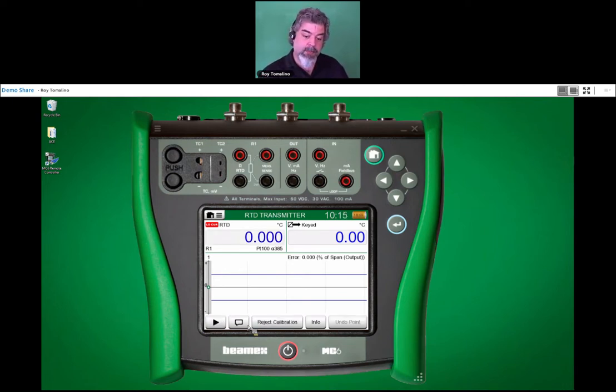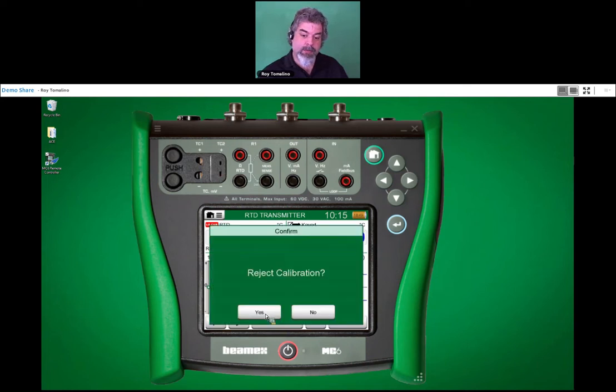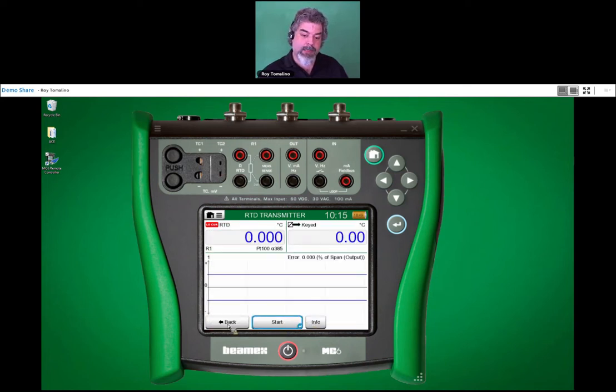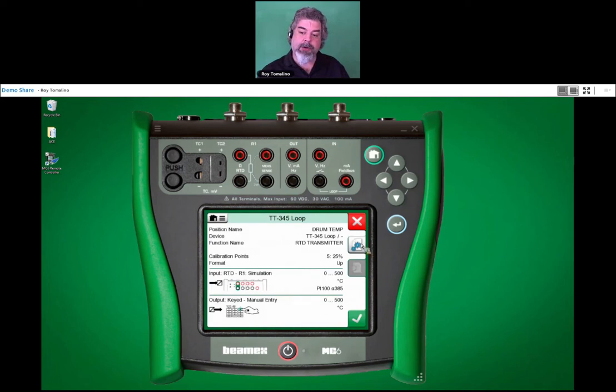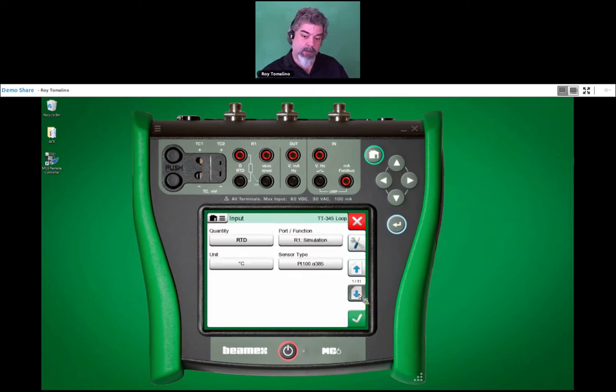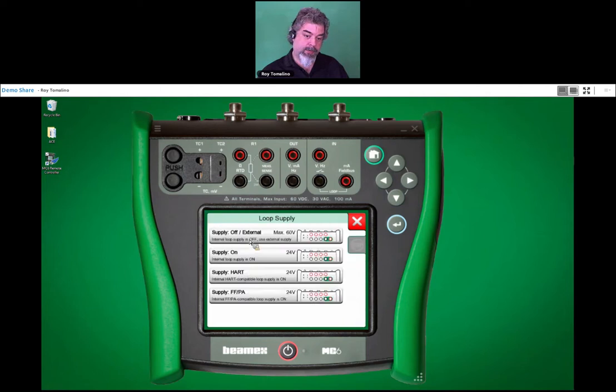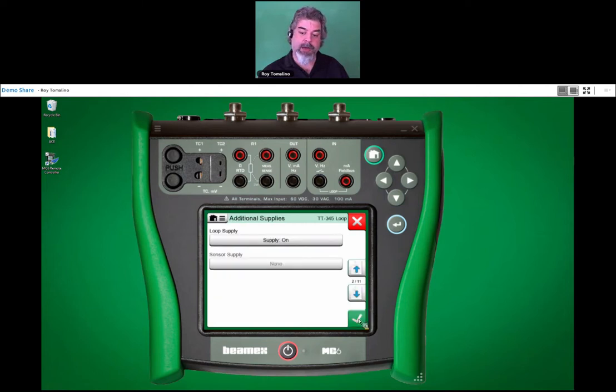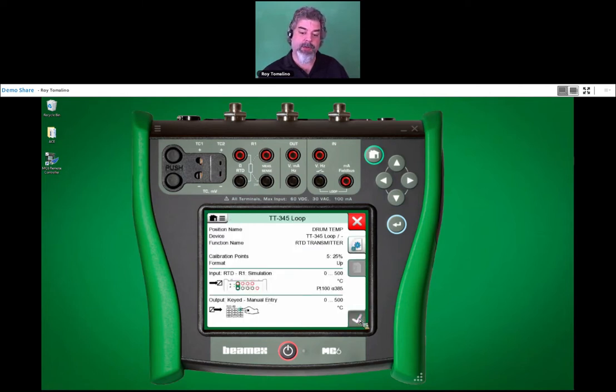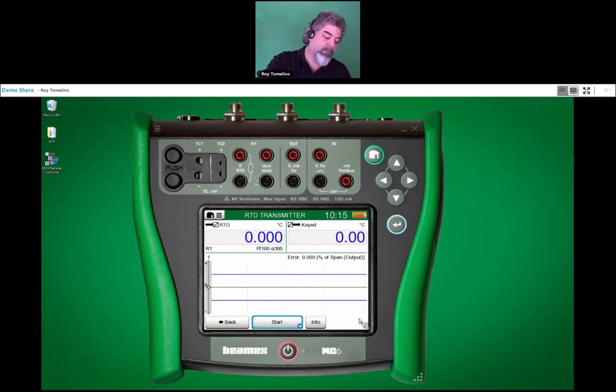Let me back up a second. So I put in a loop power on here, Ned. And, of course, I didn't save it. Let me put on my loop power here so I can power up my transmitter right from here. There we go. I thought it was going to save that setting for me.